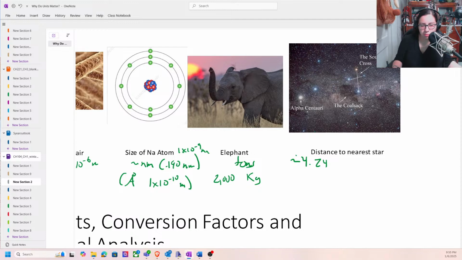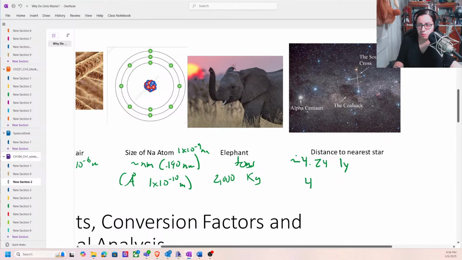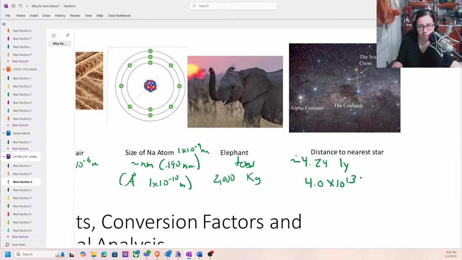So there might be a slight discrepancy, but still on the order of about 4 light years, which, let's put that in kilometers, would be approximately 4.0 times 10 to the 13th kilometers.